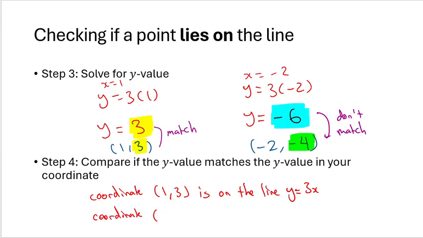Coordinate -2, -4 is not on the line y equals 3x.